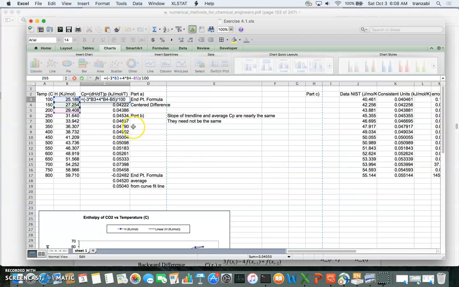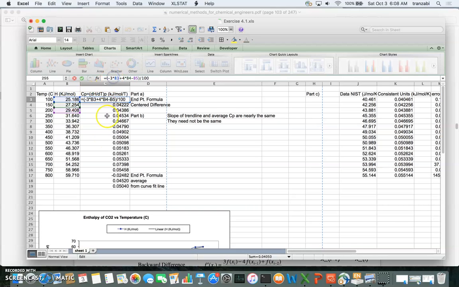All right. So apparently I'm using here second order approximation because there are three terms: minus 3 times the enthalpy at the current point, then 4 times the point ahead of that, and then minus the enthalpy two points ahead of the current point.